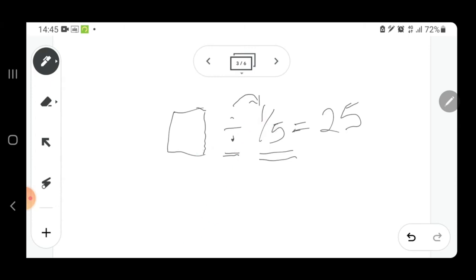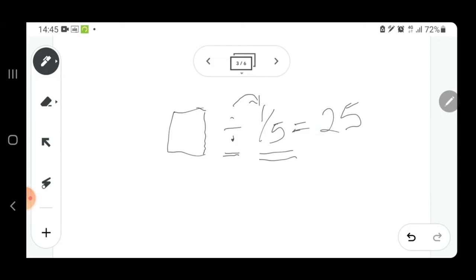So what we need to think of is, there is a number. When I multiply it by 5, it will give me 25. Notice how I interpreted it. I didn't say there is a number, when I divide it by 1/5, it's going to give me 25.